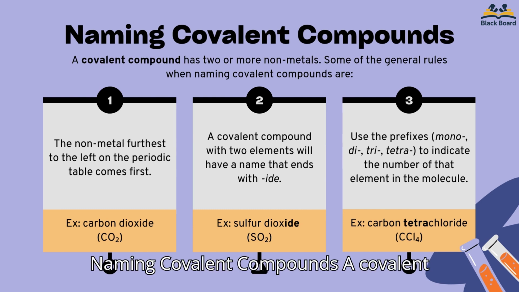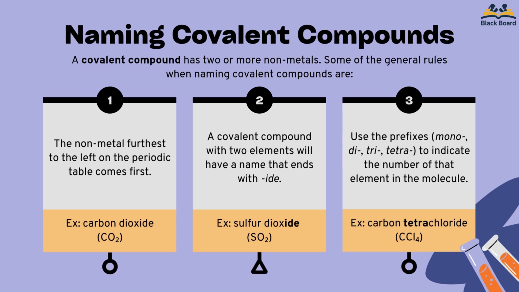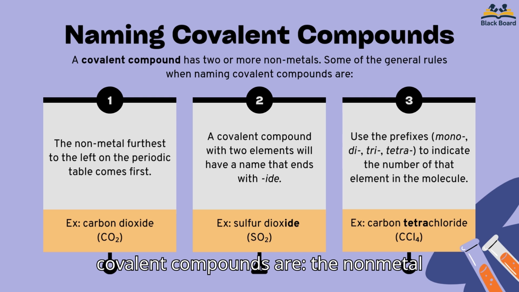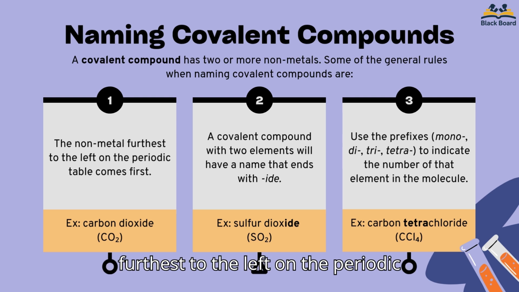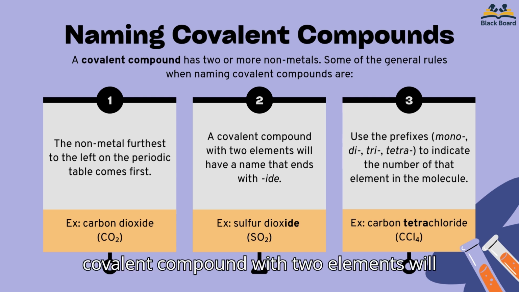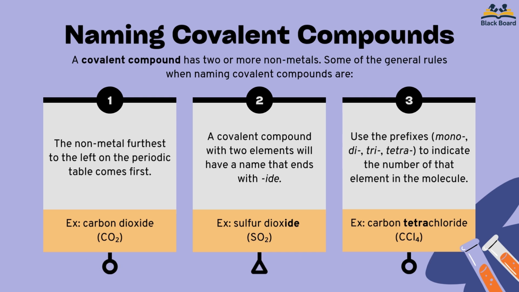Naming covalent compounds. A covalent compound has two or more nonmetals. Some of the general rules when naming covalent compounds are: the nonmetal furthest to the left on the periodic table comes first. Example, carbon dioxide, CO2. A covalent compound with two elements will have a name that ends with "ide." Example, sulfur dioxide, SO2.